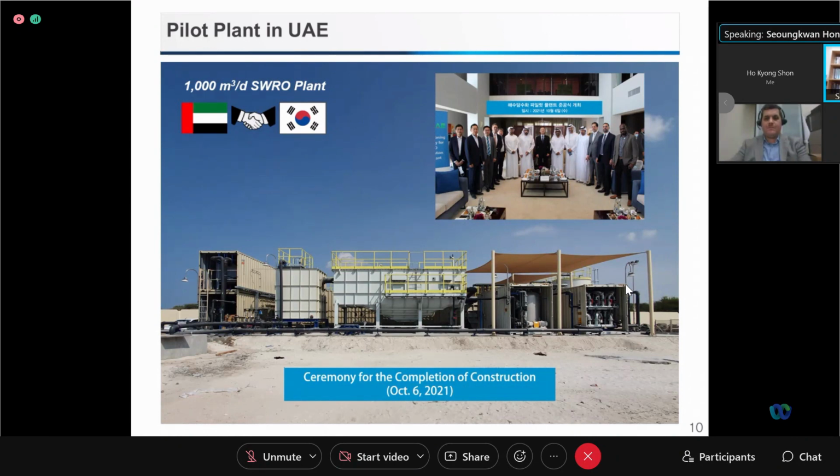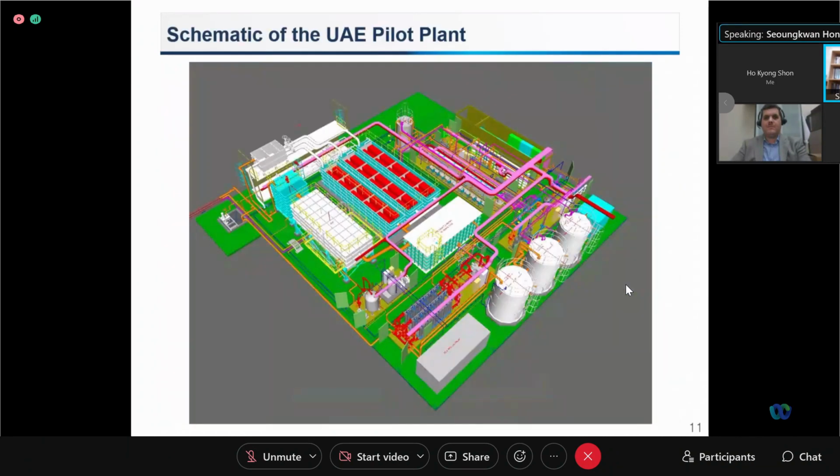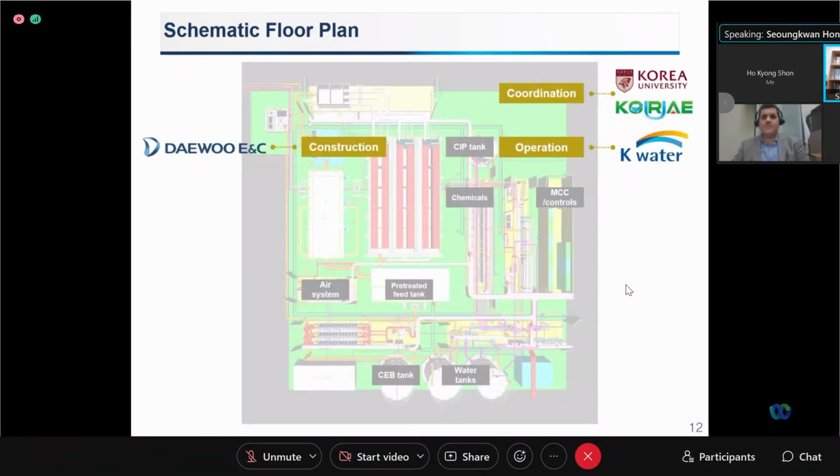We applied all three technological advancements that we have, and we had a ceremony on October 6, 2021, which is about one month ago, for the completion of construction. This is a schematic of the UAE pilot plant, and the Korean University is responsible for coordinating the entire process.